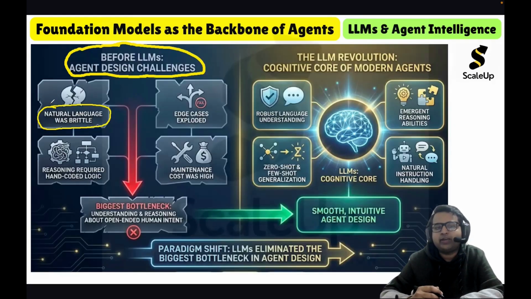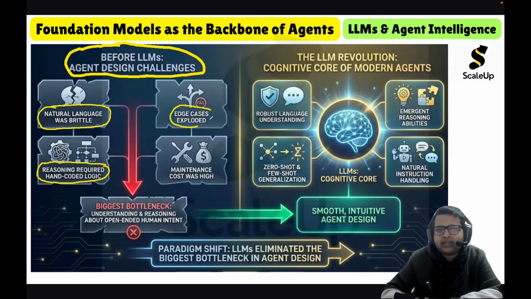They were not at all dynamic. If there was some ambiguity in the language, it was gone. It would not work at all. The reasoning required hand coded logic. Before large language models, reasoning was purely based on logic which humans used to write, like the rule based systems, the expert systems, the decision support systems. Edge cases exploded.